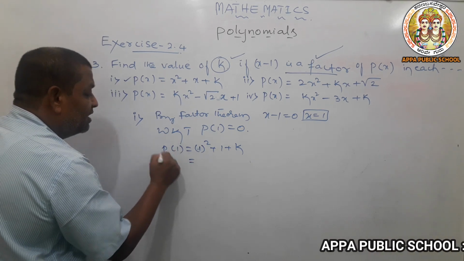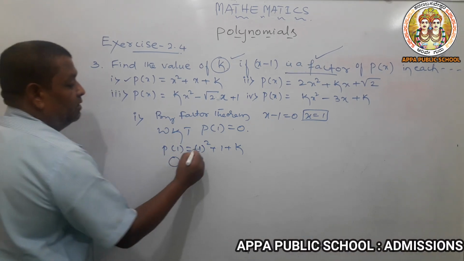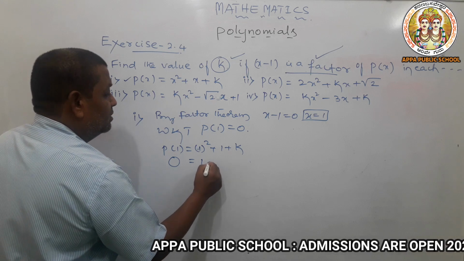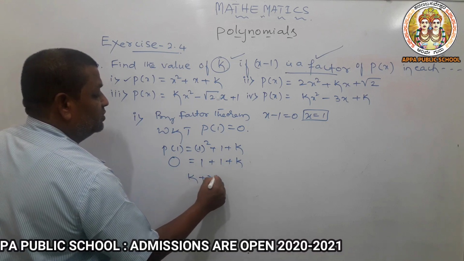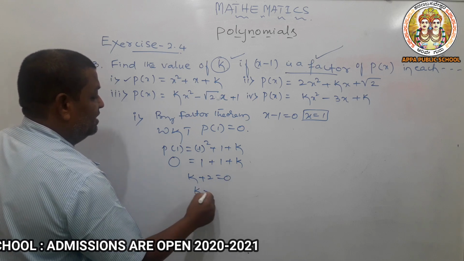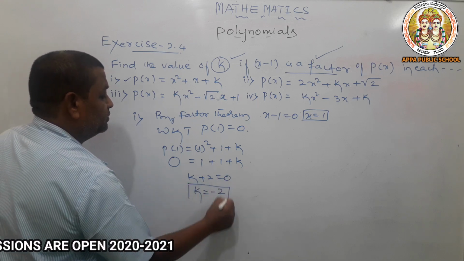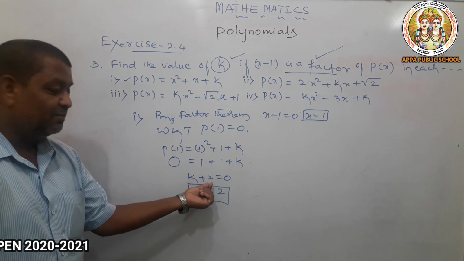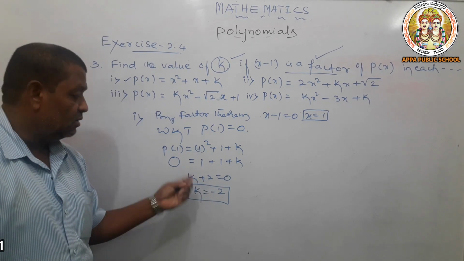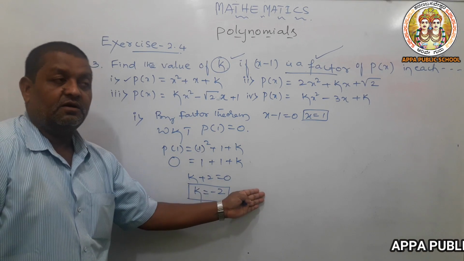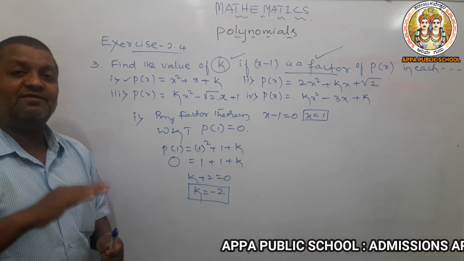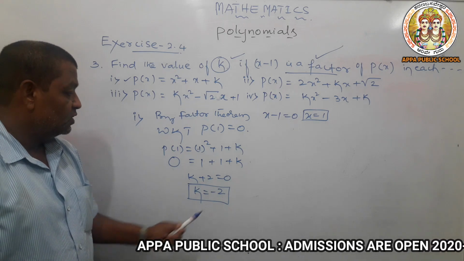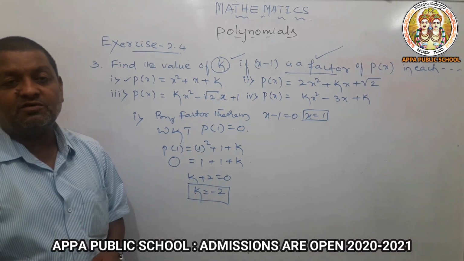So P of 1 is already 0. Then k plus 2 is equal to 0. Then k is equal to minus 2. You take this plus 2 to the other side, because I want only the k value. When things change from LHS to RHS, side by side, the symbols change.